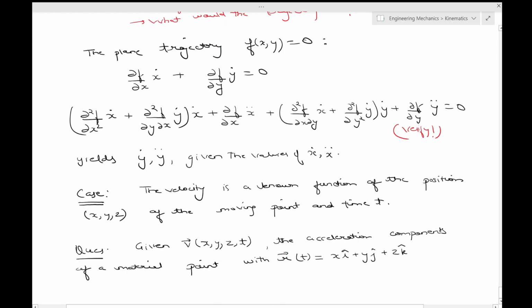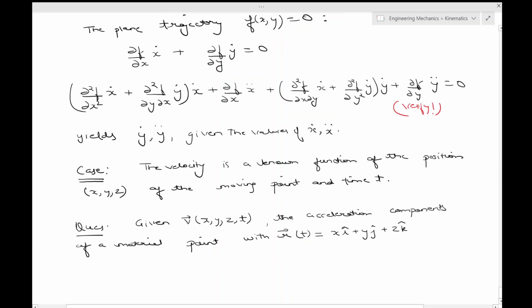I may start using the hat symbol for i, j, k, the unit vectors, but I hope it won't confuse you in any way. I am just too used to that. So this is a position vector x, y, and z, and we want to obtain the acceleration, r double dot.